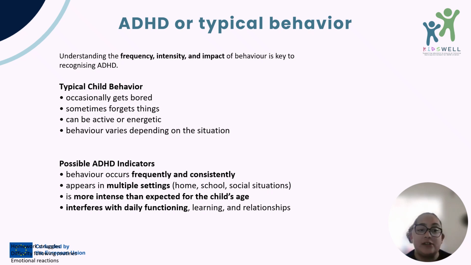Possible ADHD indicators: behavior occurs frequently and consistently, appears in multiple settings, home, school, social situations, is more intense than expected for the child's age, and interferes with daily functioning, learning, and relationships.